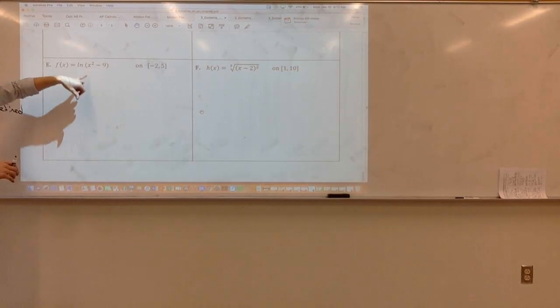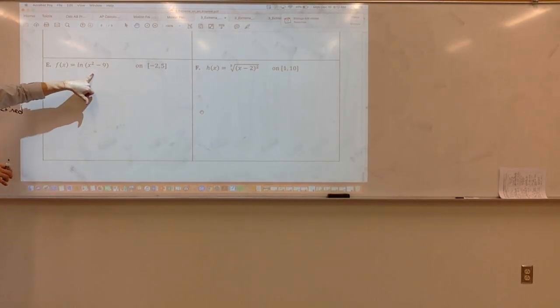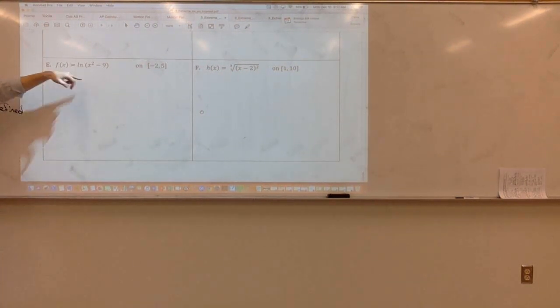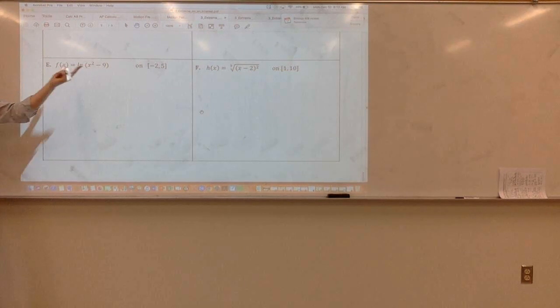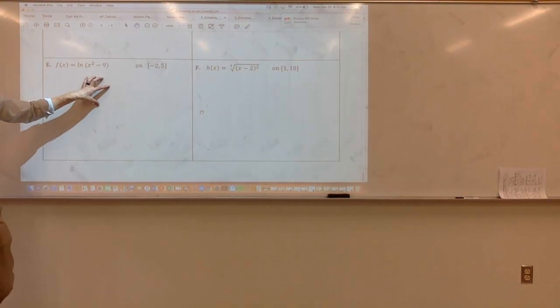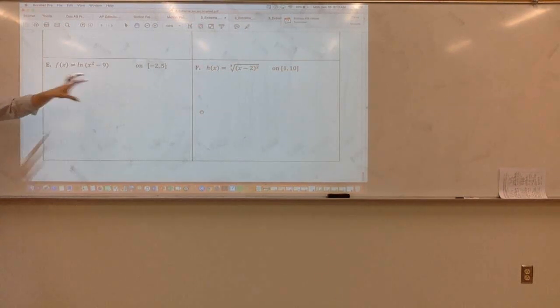If I plug in negative 2, negative 1, 0, 1, 2, any of those values, all the way up to 3, anything between negative 2 and 3 would make this either negative or 0. So we cannot do this problem.